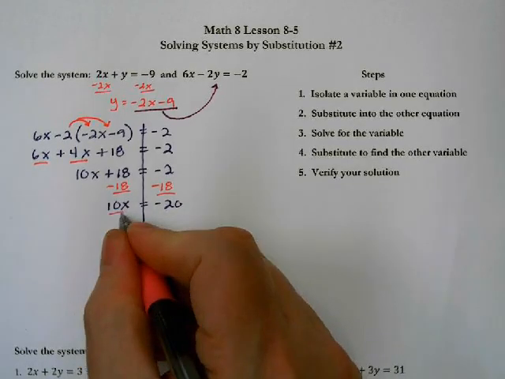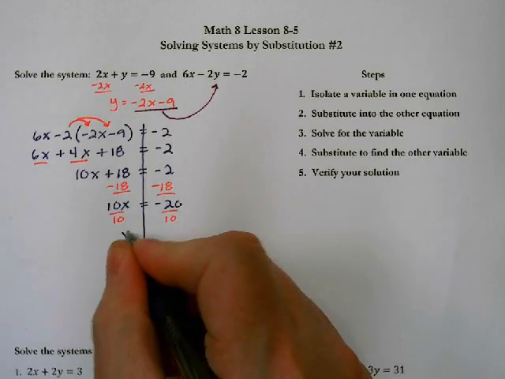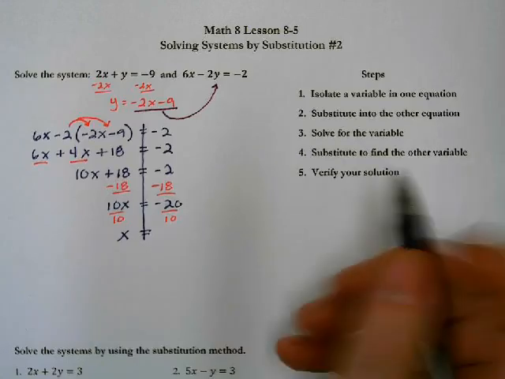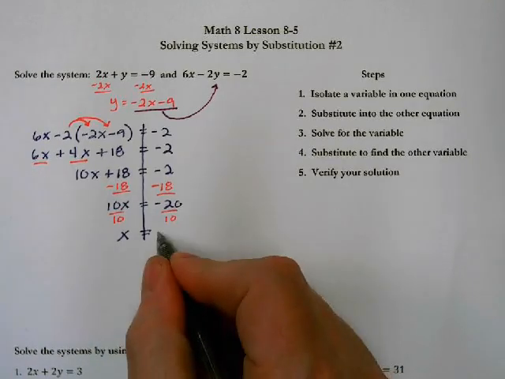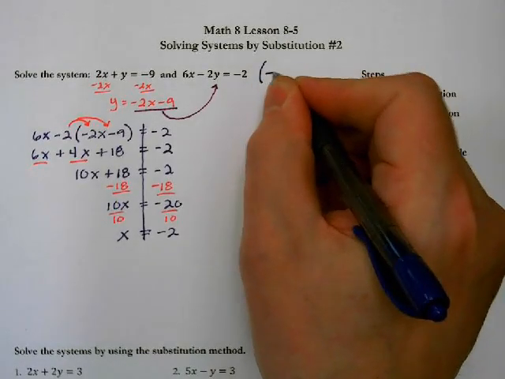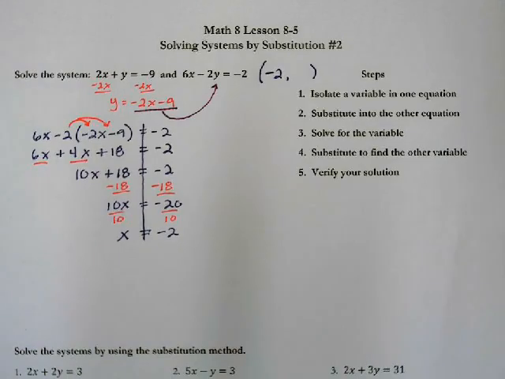Division property of equality. I divide by 10 on both sides. On this side, 10 divided by 10 is 1. So I just get 1x or x. Over here, negative 20 divided by 10, I get negative 2. All right, I believe that half of my answer is negative 2. I think my x value is negative 2. I still need to find my y value.